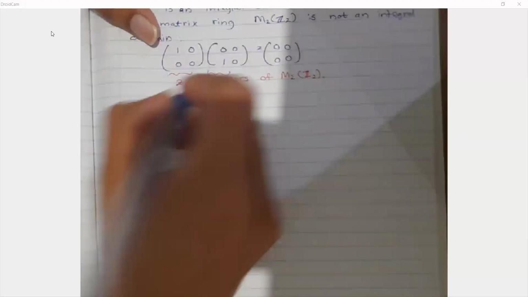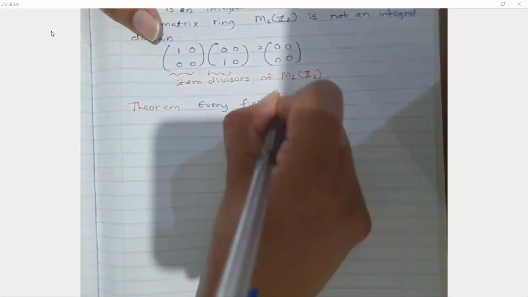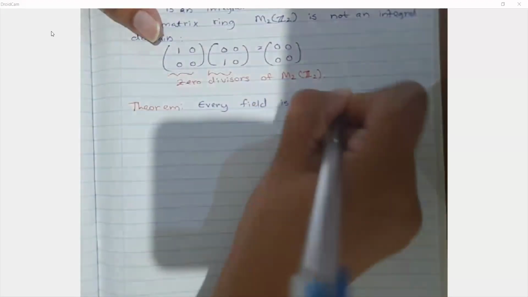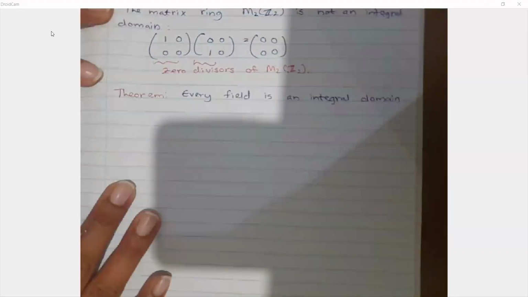So now, with this, we get to our first theorem on integral domains. Every field is an integral domain. Not every integral domain is a field, but every field is an integral domain.